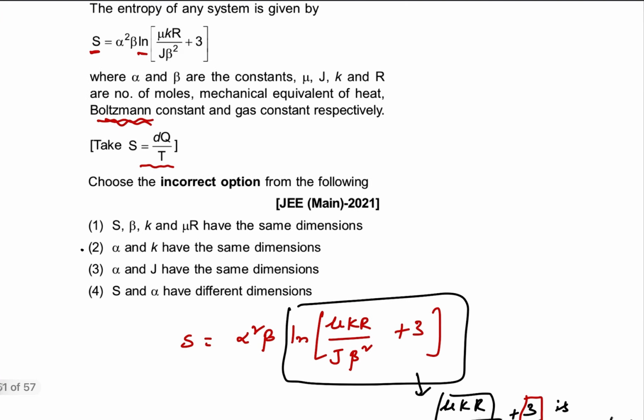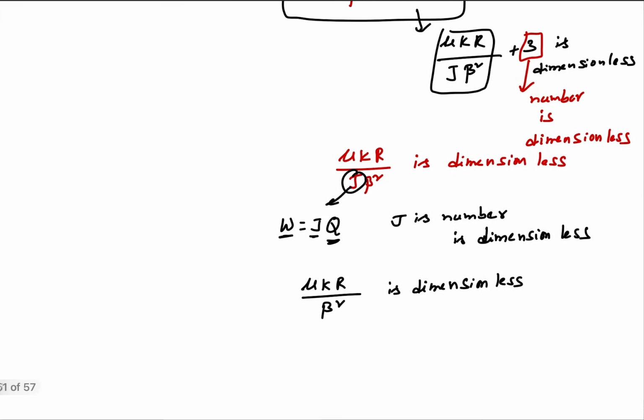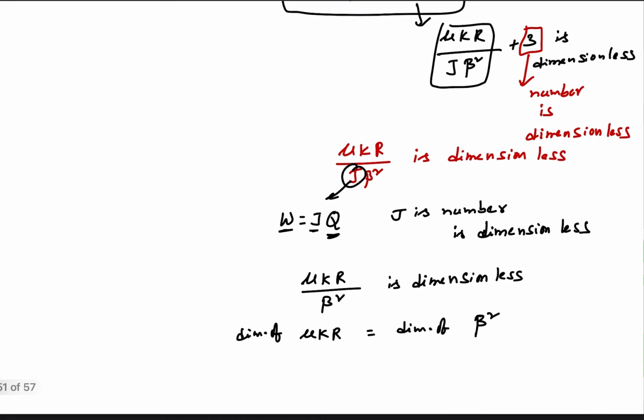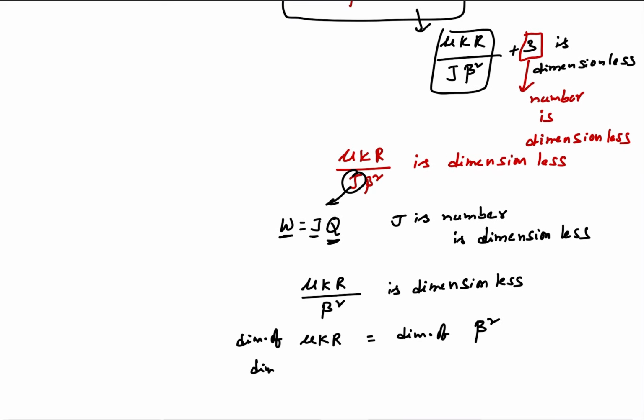Now, what are mu k R and beta? You just check what they are asking actually. S, beta, k and mu R have the same dimensions. When can you get this relation? The dimension of mu k R is equal to the dimension of beta square.